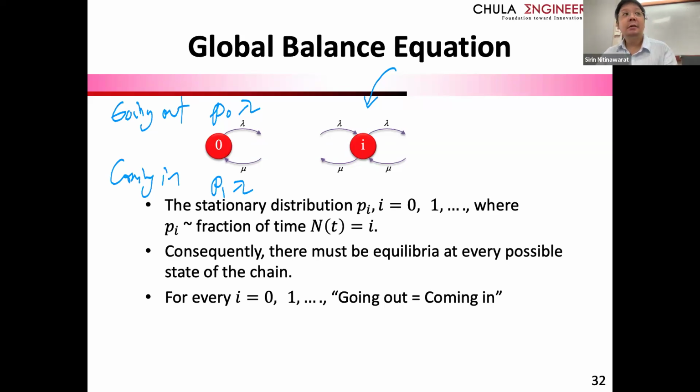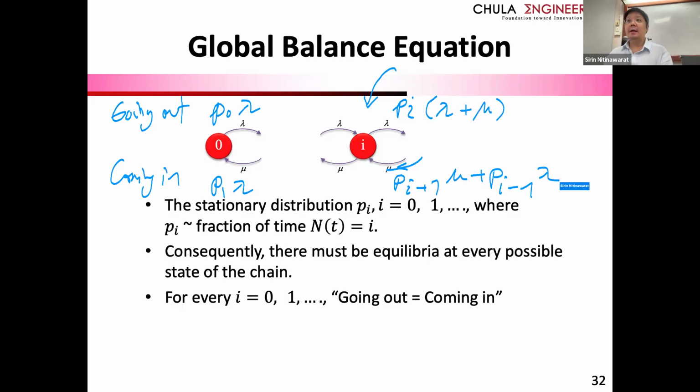Going to I plus 1 or going down to I minus 1. So that happened with rate, right? How can I come into state I? Coming in P(i+1) times mu, right? Coming in from I plus 1. Or I can come in from I minus 1, right?